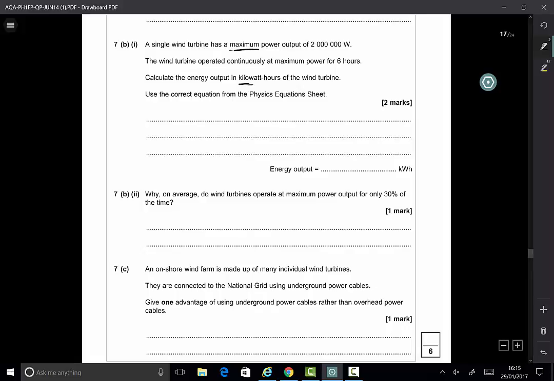So we need to divide this by 1,000 to get it into kilowatts. So that gives us 2,000 kilowatts. Okay, so we can look at our equation sheet now and say energy is equal to power times time. So 2,000 times 6, which is going to be 12,000.